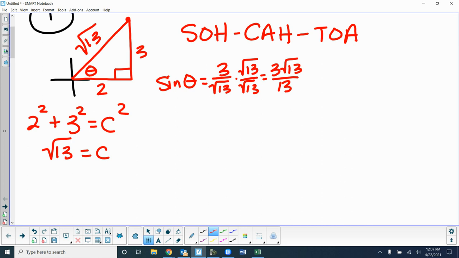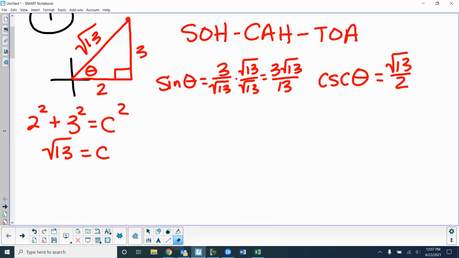Okay? What's the reciprocal for sine? Cosecant. Thank you. All right, so just flip the original fraction: square root of 13 over 3. Is there a way to remember the flip versions?